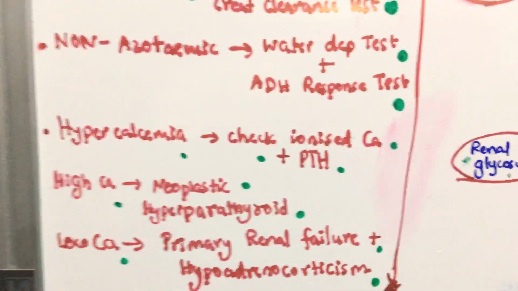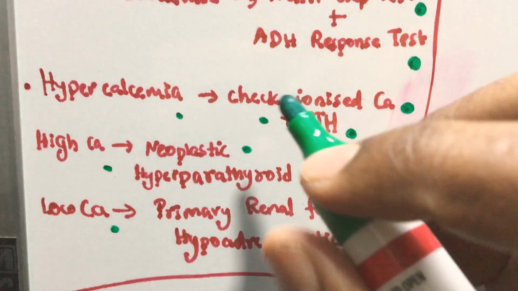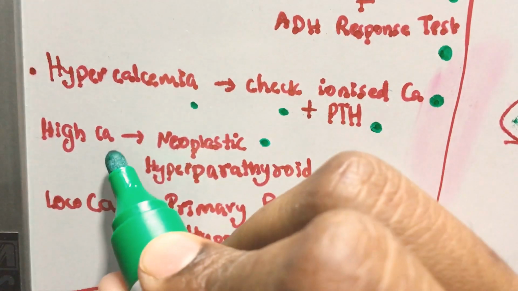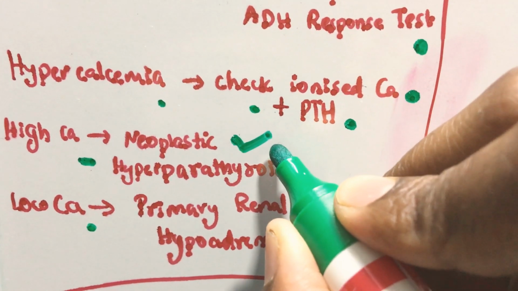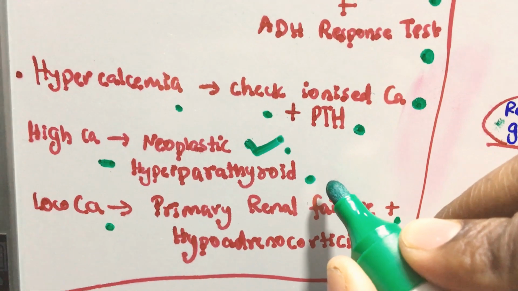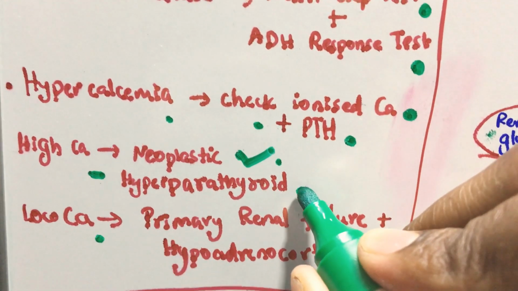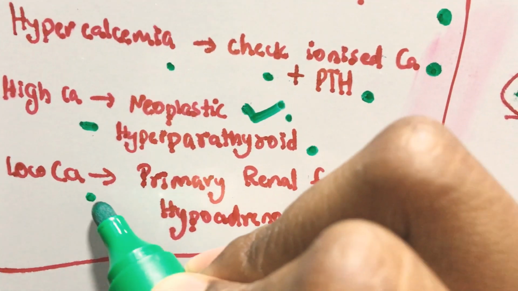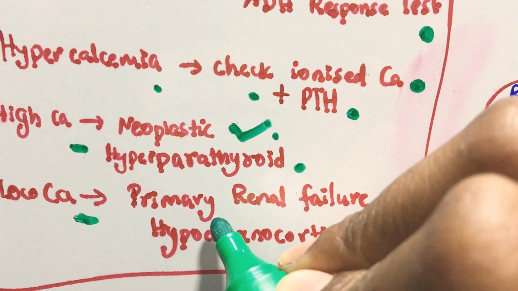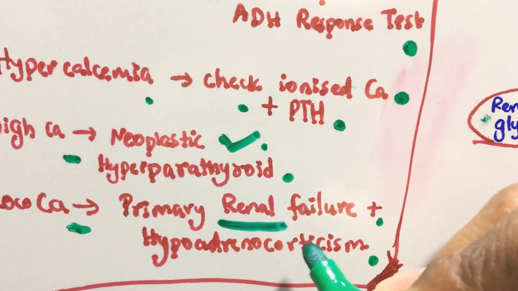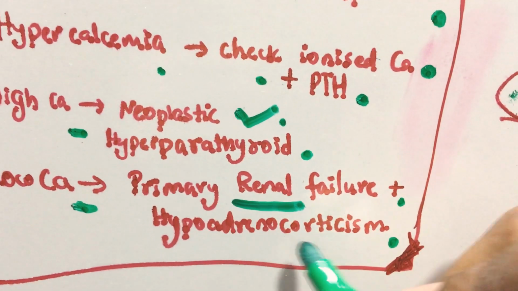And in case of hypercalcemia, you need to check ionized calcium and parathormone. If there is high ionized calcium, it automatically correlates with an underlying neoplastic condition, or it can also mean that the patient has hyperparathyroidism. If the ionized calcium is low, then the patient can have primary renal failure, or it can have hypoadrenocorticism.